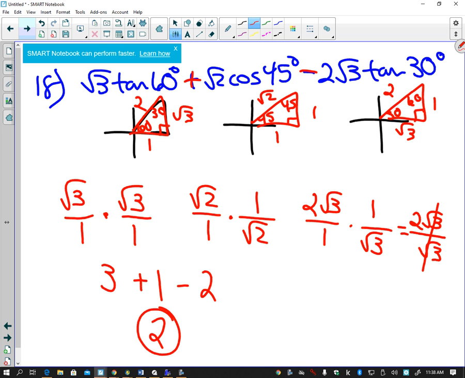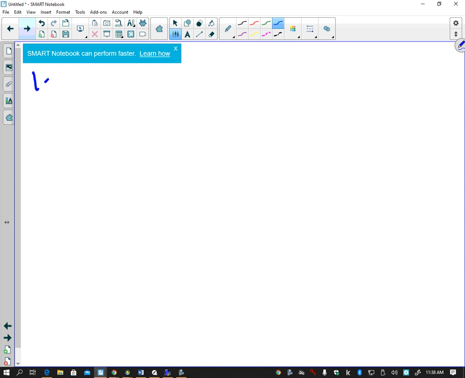Doable? Great. All right. After 18 is 19. 19, a sphere has a volume of 2,304 pi cubic miles. Find the surface area. All right, so the volume of a sphere is equal to what formula? Got to know it.